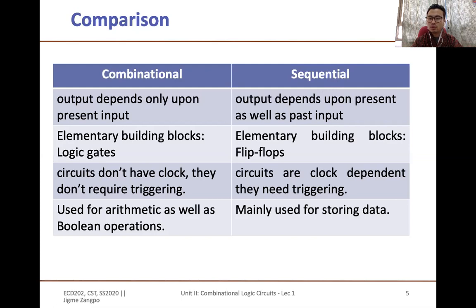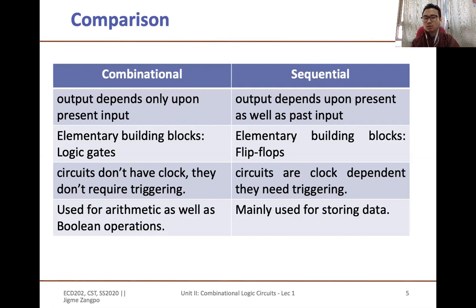Now with this, we have finished the introduction of Unit 2, where we are going to study combinational logic circuit. And I have compared combinational logic circuit with sequential logic circuit.